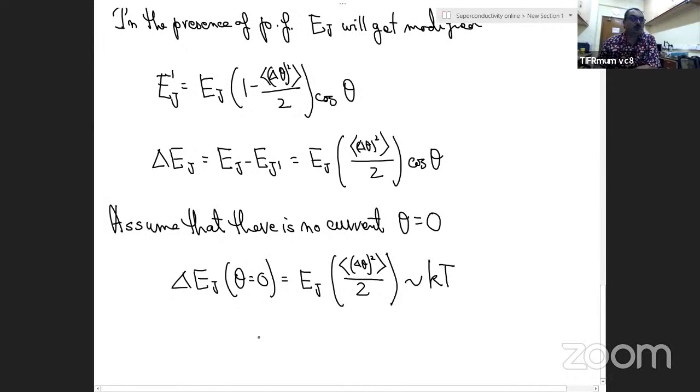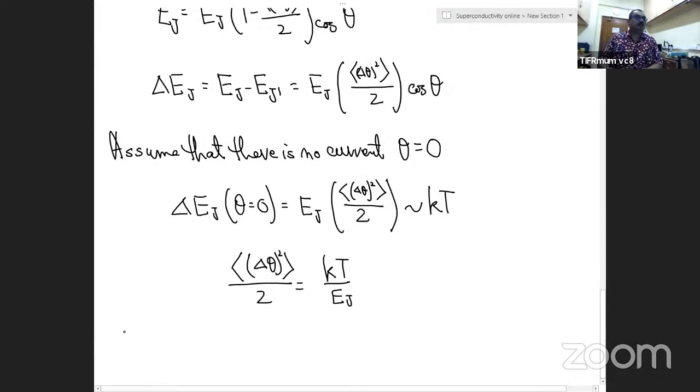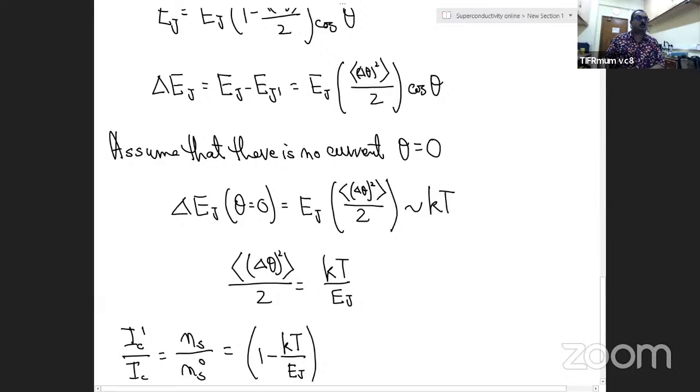Okay. So now, δθ² by 2 is kT by Ej, and therefore Ic prime by Ic, which is equal to Ns by Ns0, that is this.